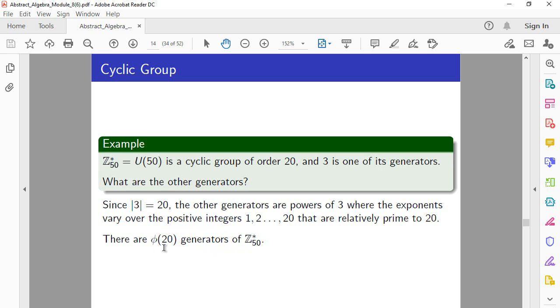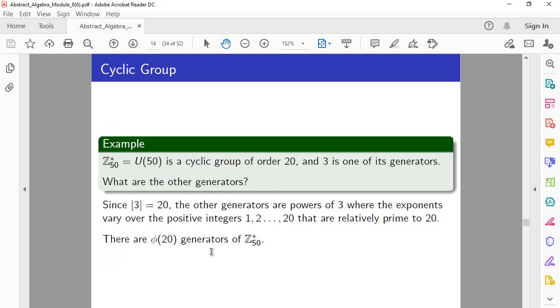And so basically you can write down the powers of 3. So 3 to the power 3 would be another generator because 3 is relatively prime to 20. 3 to the 7 would be another generator because 7 is relatively prime to 20, and so on.